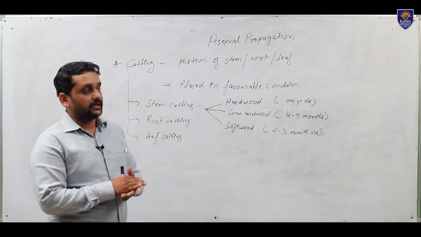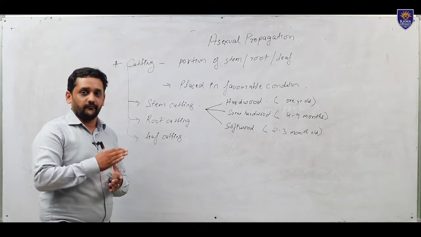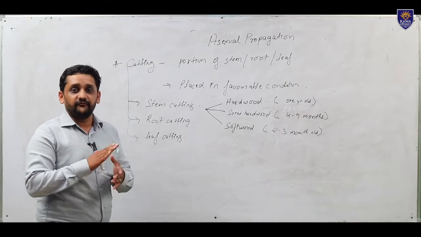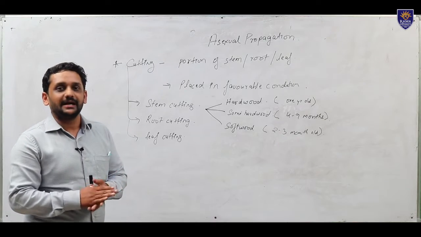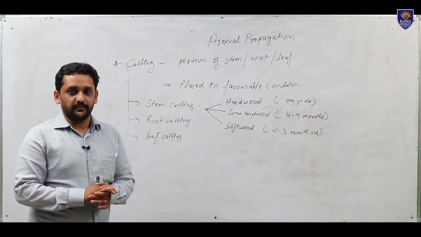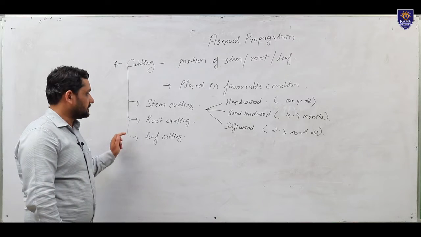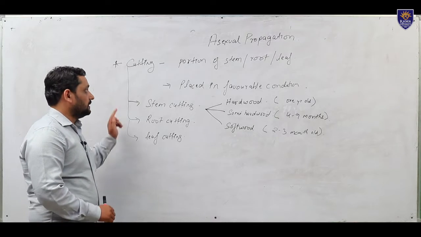In the cutting method, when we cut a vegetative part from a plant, it is kept in a favorable condition so that the plants are able to grow. Now cutting is divided into three parts: first is stem cutting, second is root cutting, and the third is leaf cutting.